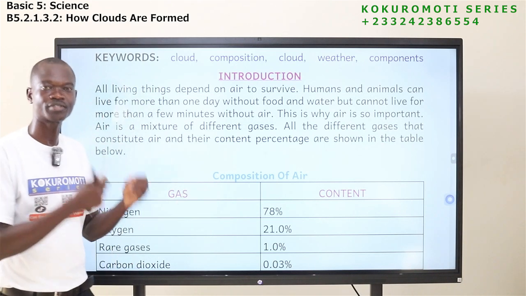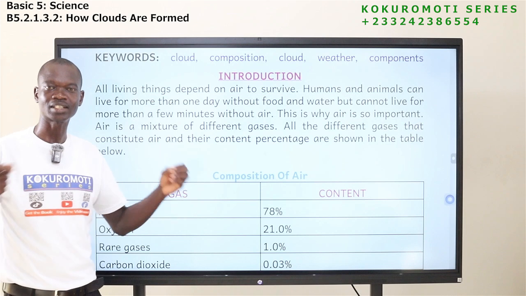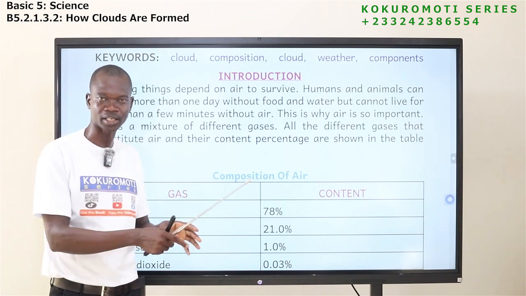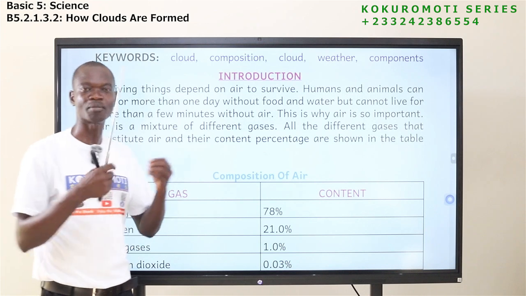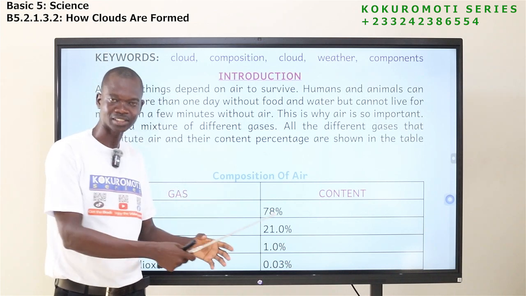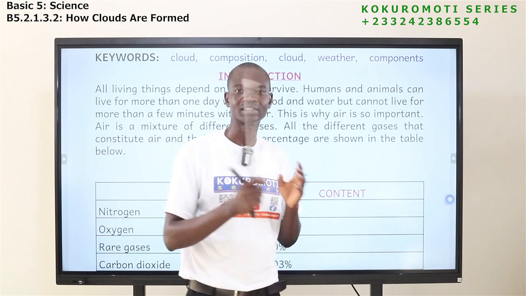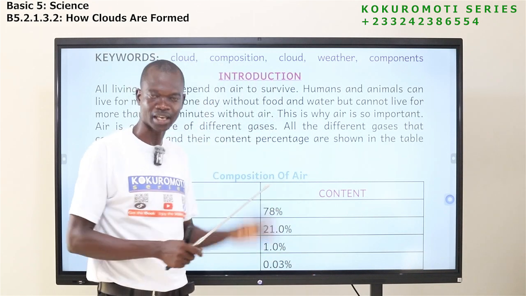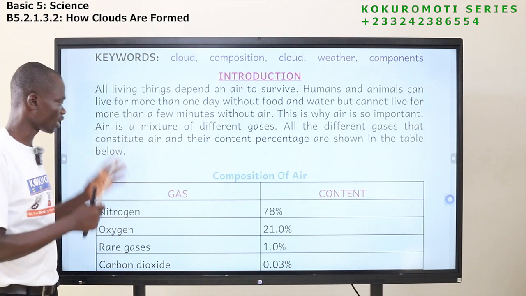It's made of different parts, different components that come together to form air. And all these components are gases. So air is a mixture of gases, a combination of two or more gases that form what? Air.